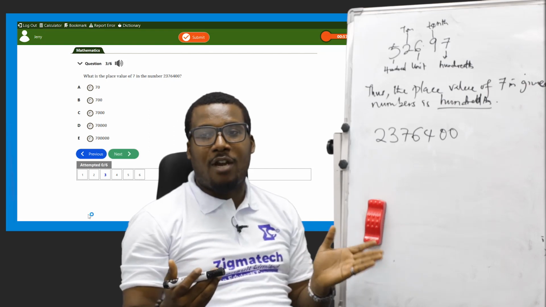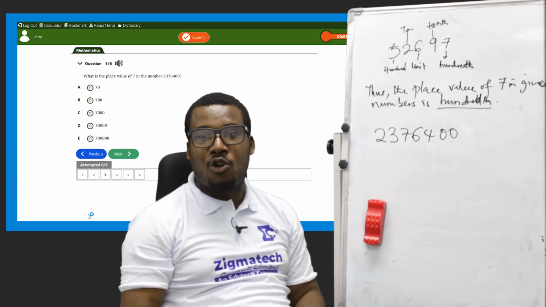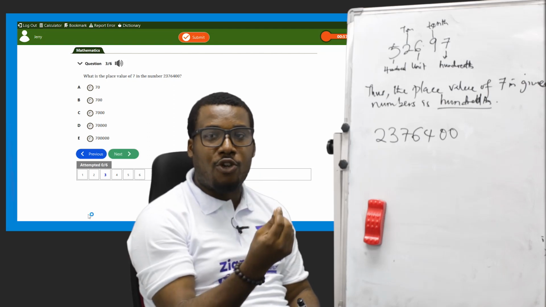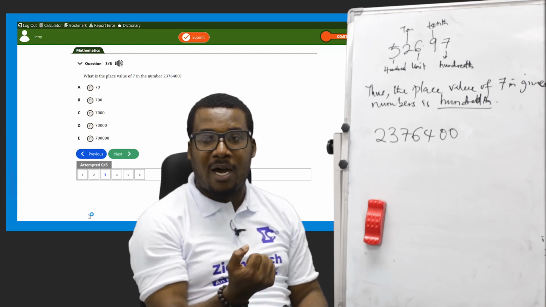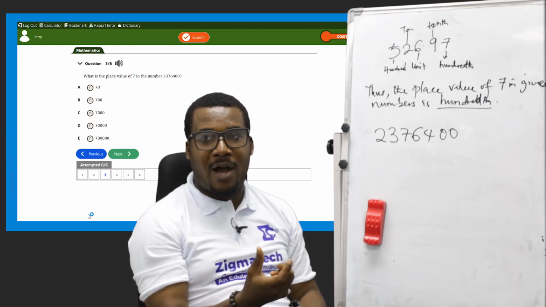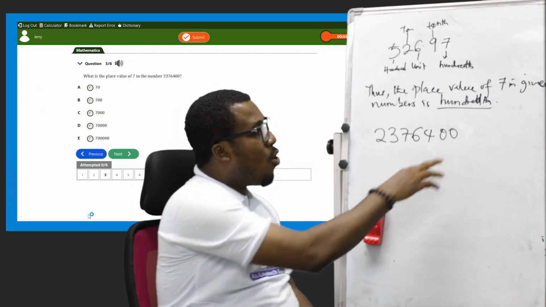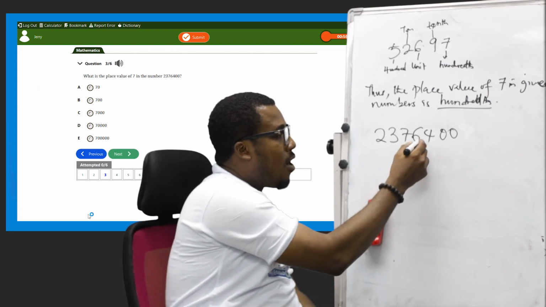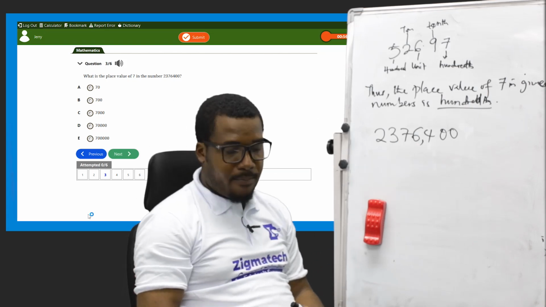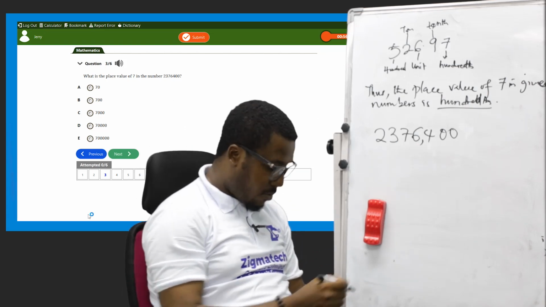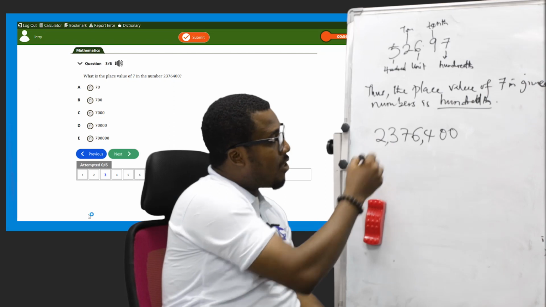So I told you what to do first. Count from right to left to separate, so you can know where each number falls under the position of each number. So you can also determine their place value. 1, 2, 3. At the 4, I remove a comma here. 1, 2, 3, another comma here.